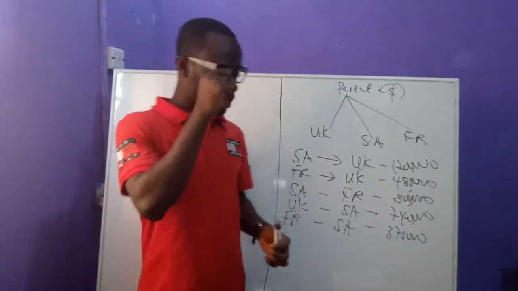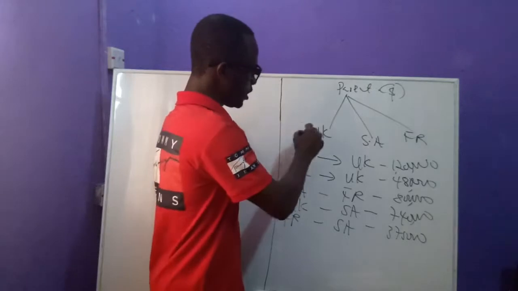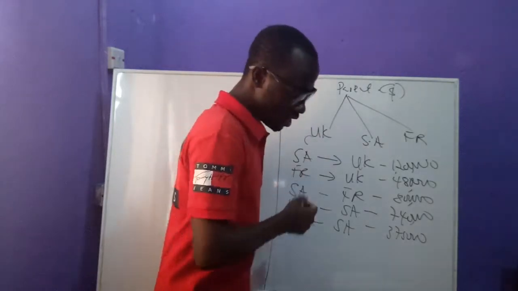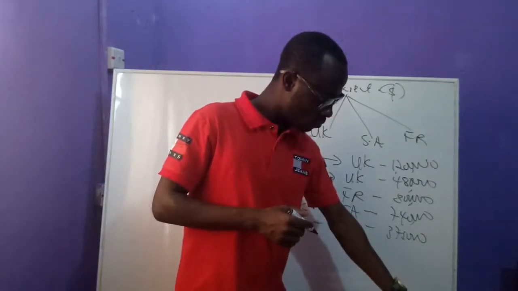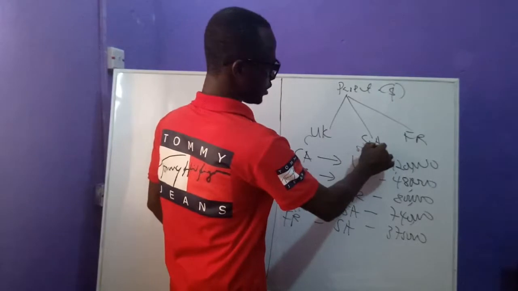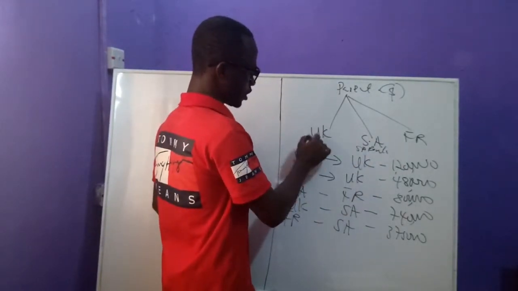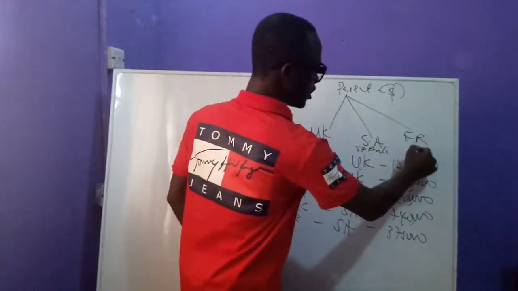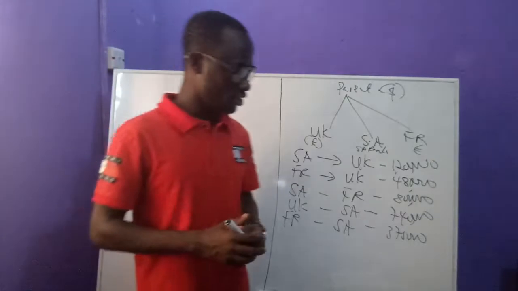Then we are told that currency-wise, South Africa is the rand, the UK is the pound, and France is the euros. So these are the currencies denominated.